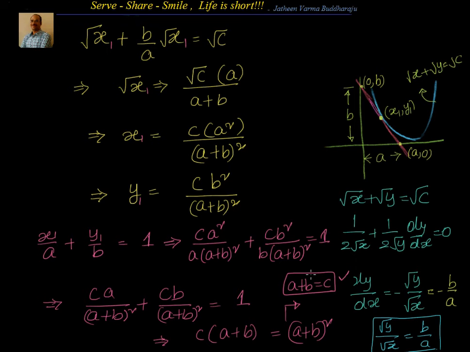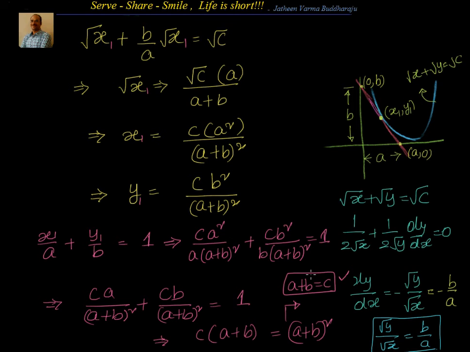So let's summarize this, what was our approach to solve this problem. We have been given a curve root x plus root y equal to root c. We have to prove that the tangent to the curve root x plus root y equal to root c makes intercepts, if it is a and b, then a plus b is equal to c.